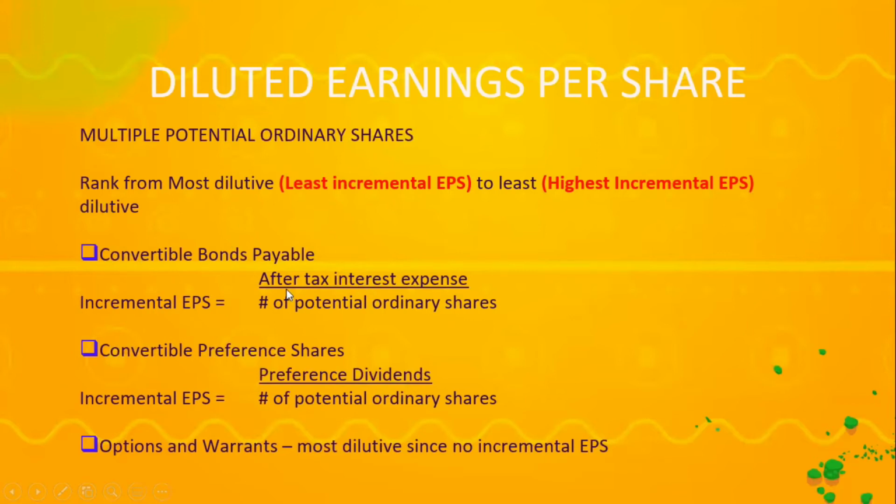It's the after-tax interest expense over the number of potential ordinary shares. Paano naman pag convertible preference shares? It's the preference dividends over the number of potential ordinary shares. So that's diluted earnings per share.